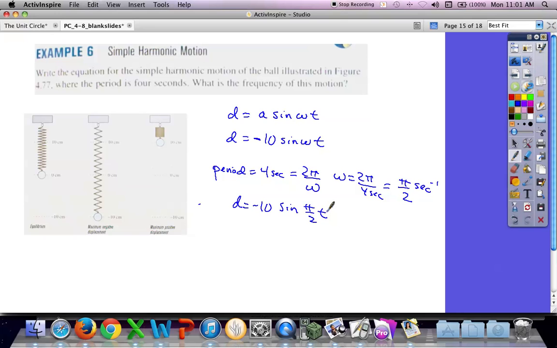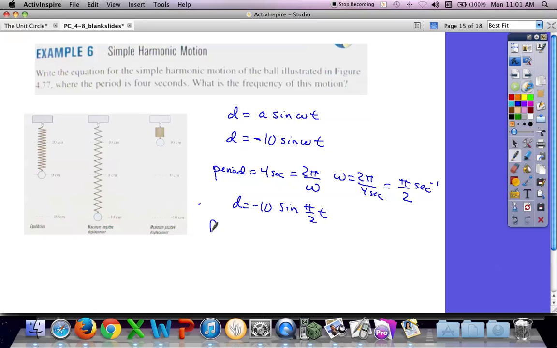Okay, now, last part. What's the frequency? What's the period? 4 seconds, so what's the frequency? 1/4. It's the flip, it's 1 over the period.